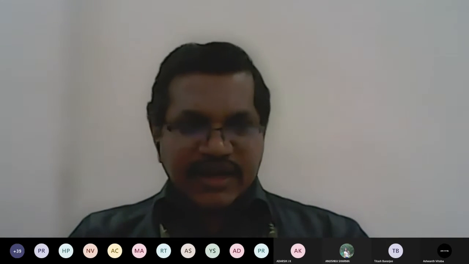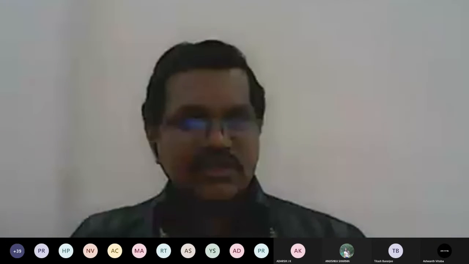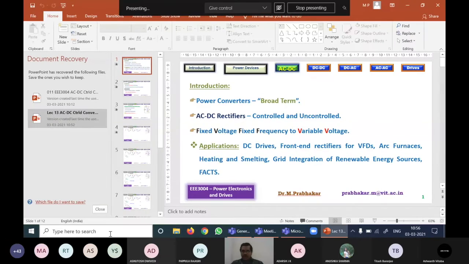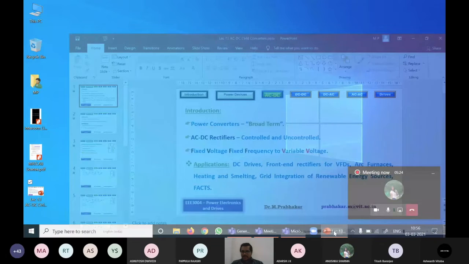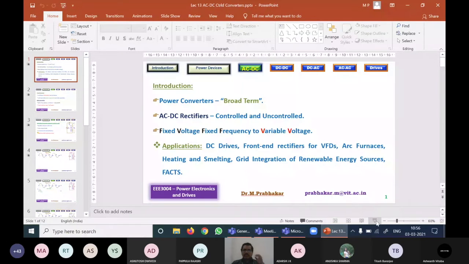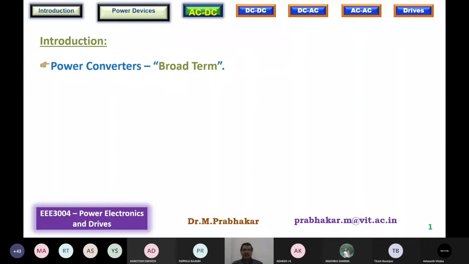I'll recollect that, and then we'll discuss the half wave controlled rectifier. With that background, we can pass on to the subsequent power converters, which are DC to DC and others, at subsequent intervals.